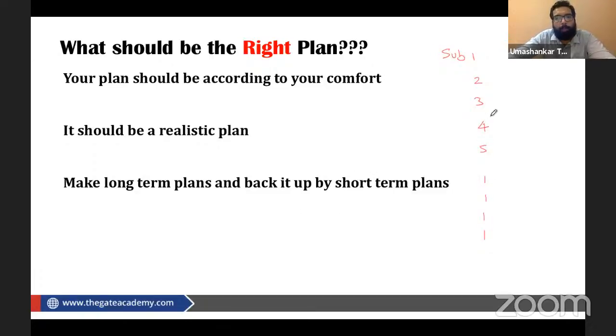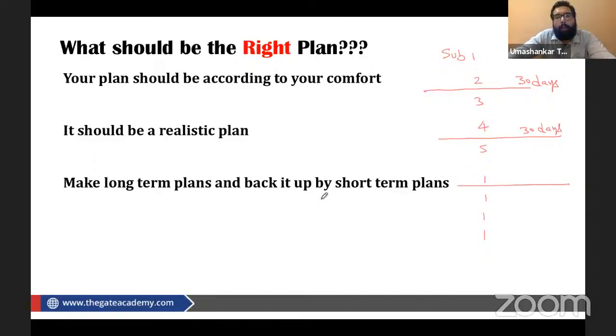Make sure that I'll be doing this in, let's say, 30 days. And write this down, my dear, on a copy or a diary, and put it on the wall in front of you so that you will be reminded of it. The next 30 days I will be doing this.